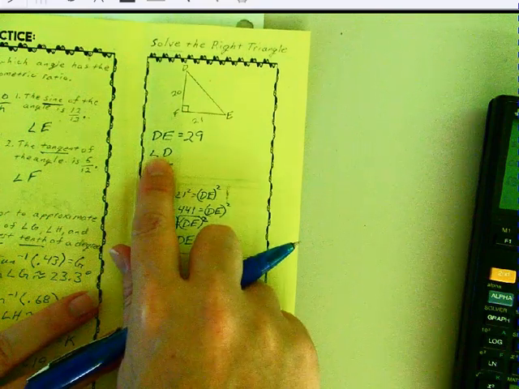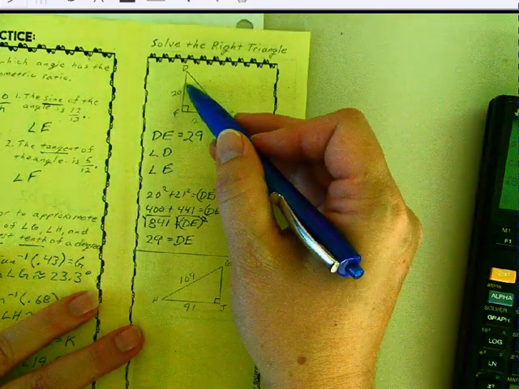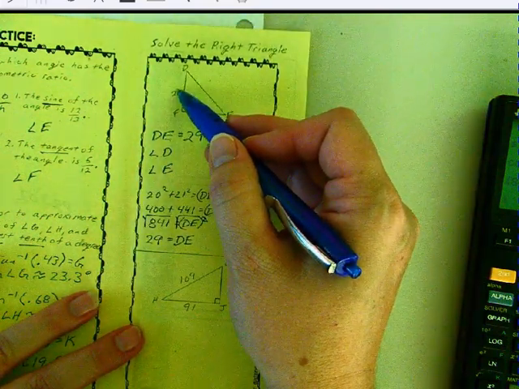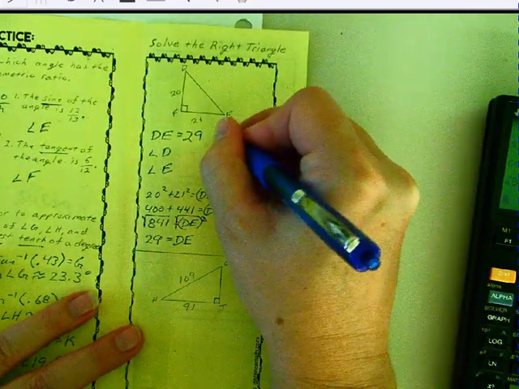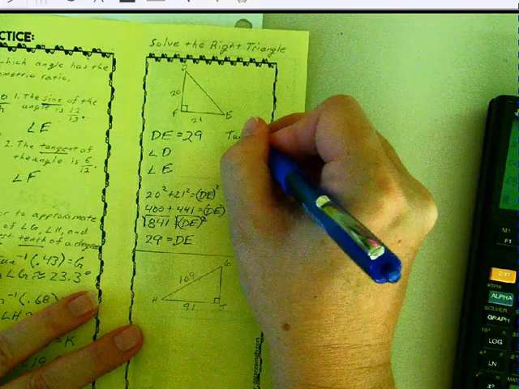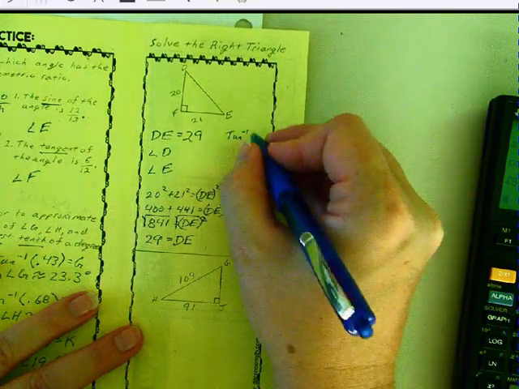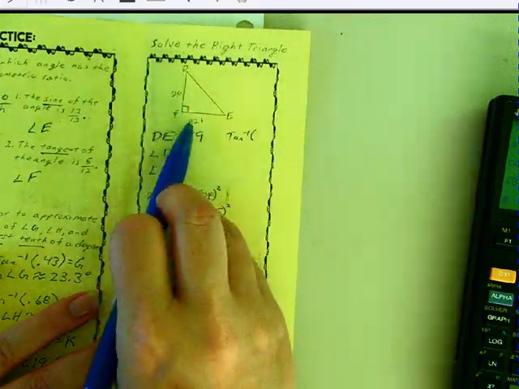For D, I'm going to be working with the two legs. So that means it's going to be tangent. So tangent to the -1 of my ratio. So tangent is going to be opposite over adjacent.